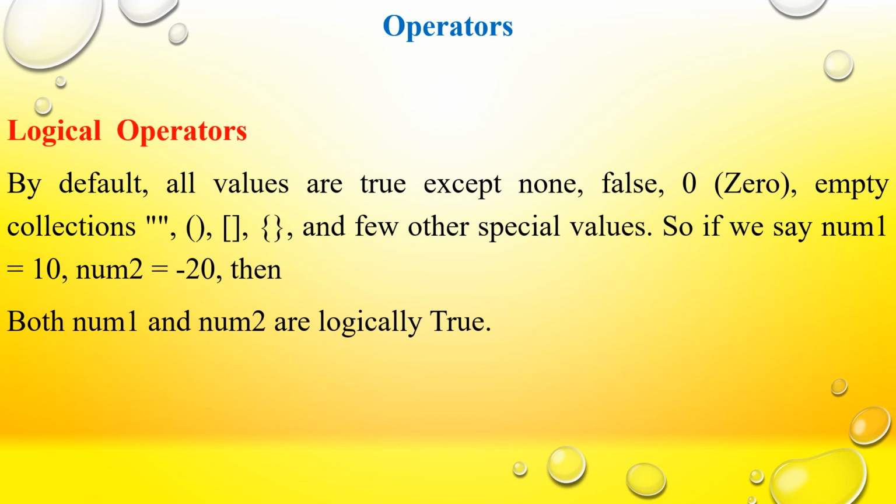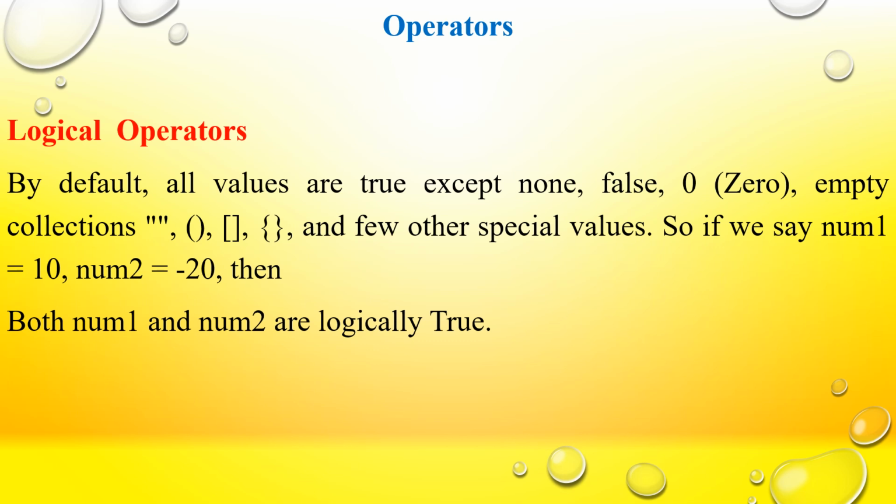These are a few examples of logically false values. None, False, zero, empty collections, double quotes without a space, then parentheses, square brackets, curly brackets, and a few other special values will have the value false. Other than this, all values will be true.